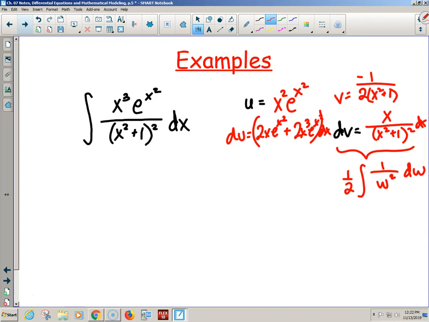Oh. Second d first plus first d second. We got it, right? Wait, there's stuff in common. Maybe that helps. So I could pull out a 2, I could pull out an x, I could pull out an e to the x squared, and I would end up with 1 plus x squared.